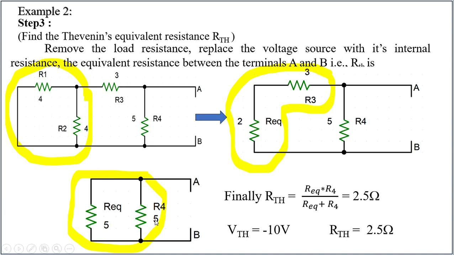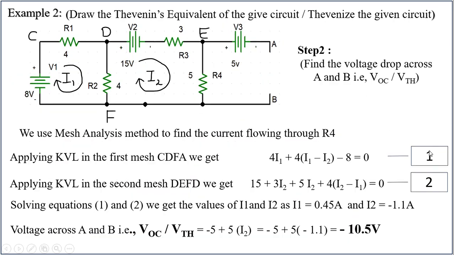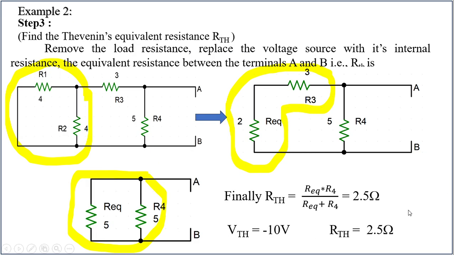So the equivalent resistance, nothing but the final Thevenin's equivalent resistance across A and B, is going to be 5 into 5 by 5 plus 5, that is 2.5 ohms. From the previous step we got open circuit voltage as minus 10.5 volts, and from this present third step we got RTH as 2.5 ohms, right?